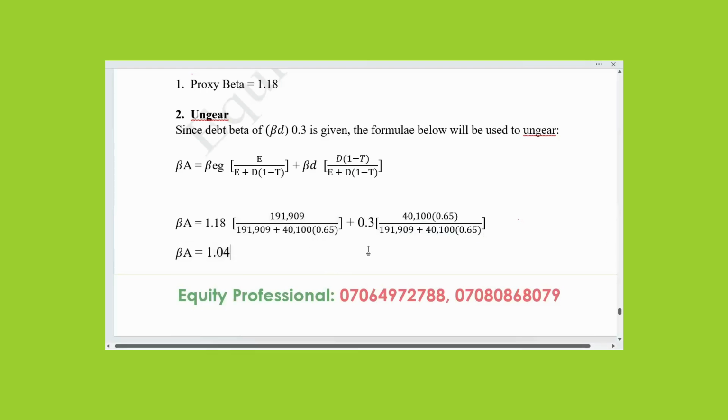So let's do the one on the right. So 1.04 plus, what do you have from this one on the right? 0.04. So when we add it, 1.04 will be 1.08. That's it. It's as simple as that.